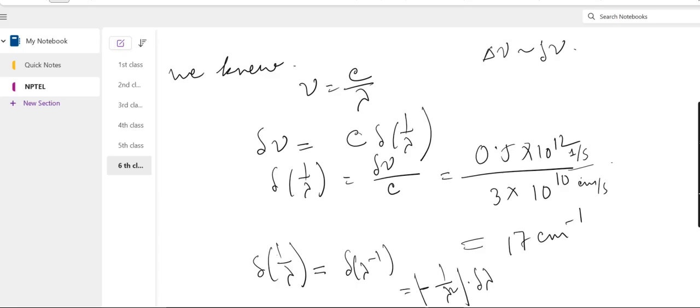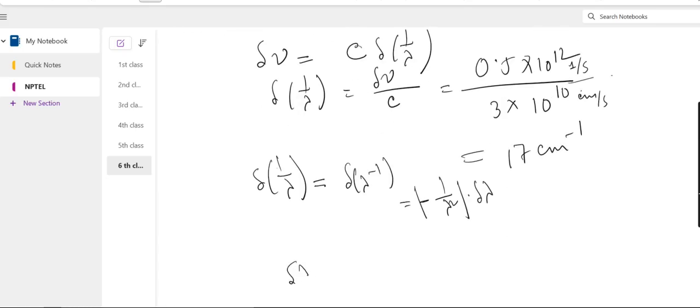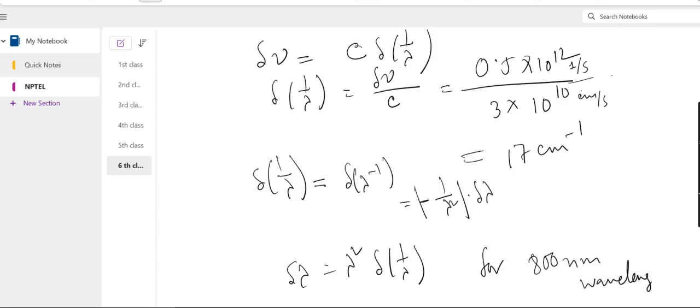So we can take the mod, and delta lambda would be lambda square times delta lambda inverse, for 800 nanometer wavelength. This is basically 800 into 10 to the power minus 7 centimeter whole square into 17 centimeter inverse.